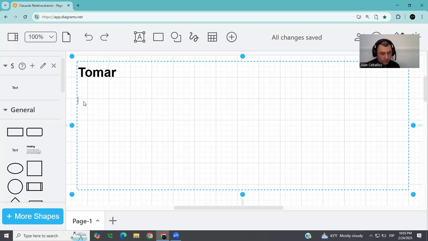So, tomar, on page 67, is a verb that also has several meanings. I'm sure it has more than what the book is teaching you here, but we're going to keep it simple for now. Tomar, according to the book, means to take, to have something to drink, to have breakfast, lunch, or dinner.